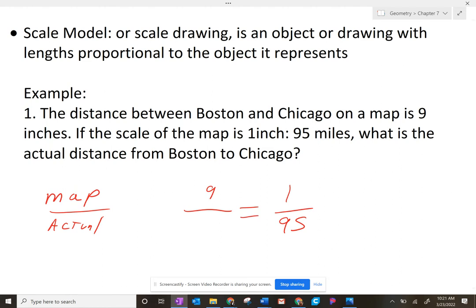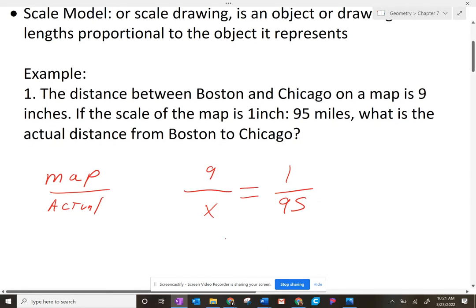So I cross multiply, and it turns into 9 times 95. We're going to get 855 equals the x.